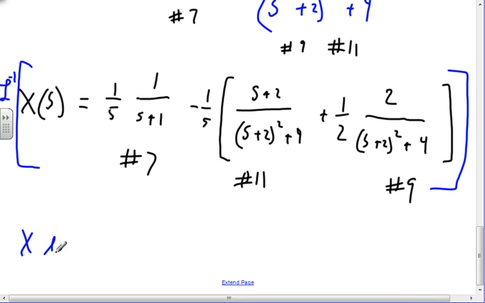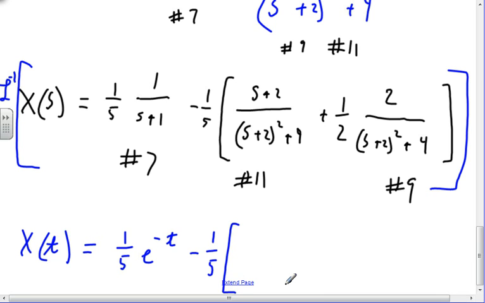So x of t equals 1/5 e to the minus t minus 1 over 5 times, looking at number 11, e to the minus 2t cosine 2t. And then I've got plus 1/2, looking at number 9, e to the minus 2t sine 2t.